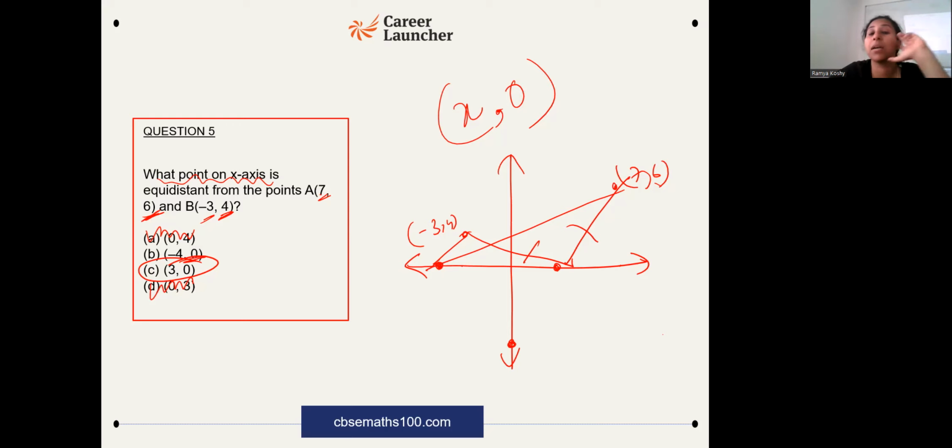If it's not a 1 mark question, if it's a long answer question, then you have to use the distance formula, same thing which we did last time. You have to consider the point as x comma 0.